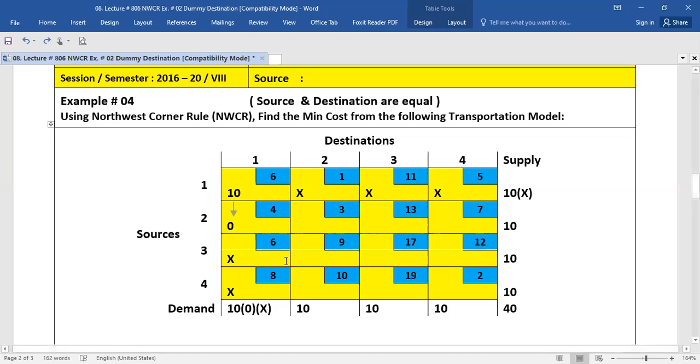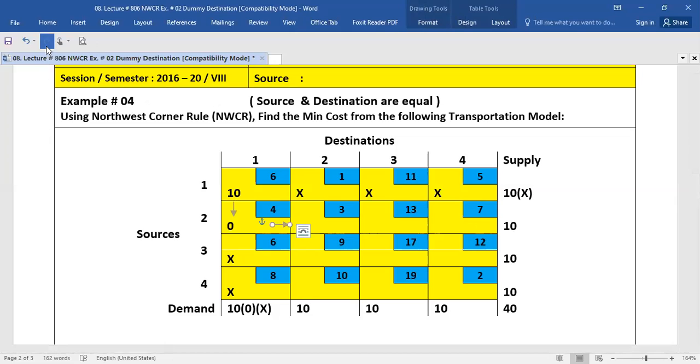Now, here no blank cell is left. For our next allocation, we will move to right. Here again we have 10 supply and 10 demand. What will we do now? As I have earlier said, you will put cross sign in front of 10 on row side, and on column side you will put 0 in front of 10.